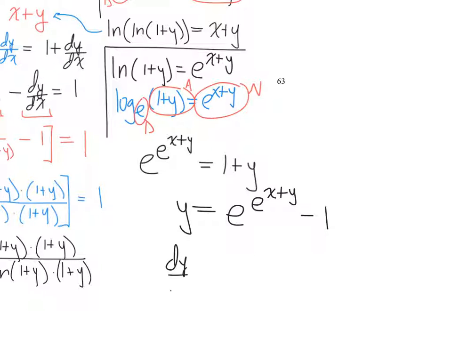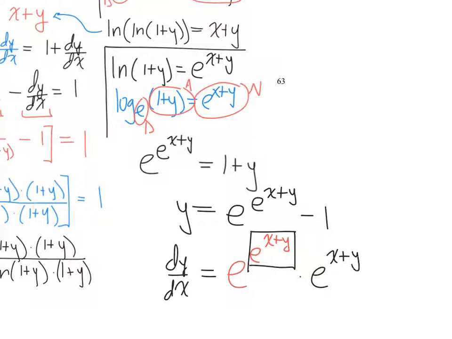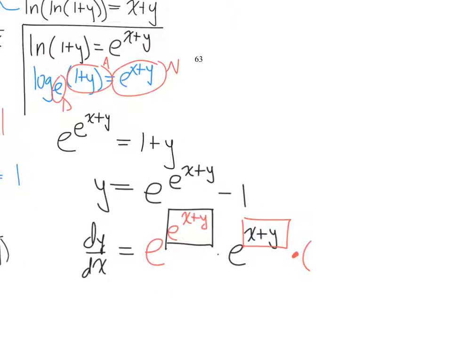I'll have dy dx. You really don't even have to worry about the 1 because it's going to go away anyway. Exponential e, rewrite, multiplied by the derivative of your exponent, and then multiplied by the derivative of that exponent, which would be a 1 plus dy dx.